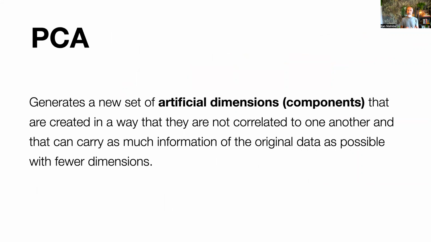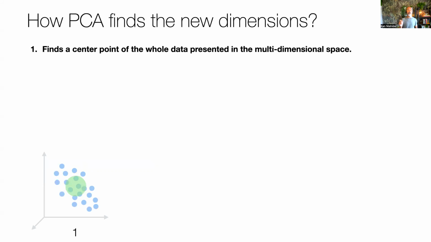First, it's kind of a weird idea, because it generates a new set of artificial dimensions or components that are created in a way that they are not correlated to one another, and that can carry as much information from the original data as possible with fewer dimensions. That's the part where you might wonder, what are you talking about? So let's see how PCA works, how PCA finds new dimensions.